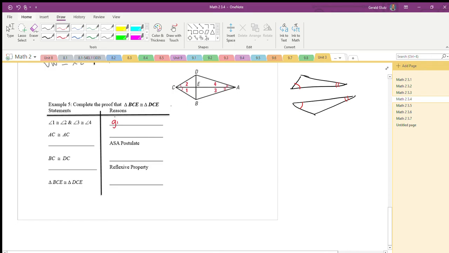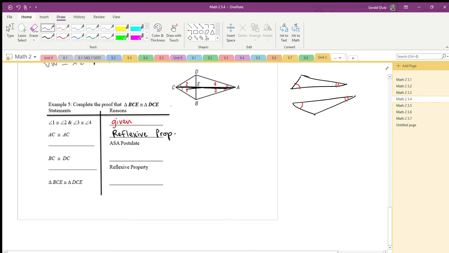So that is just a given. So remember, proof's pretty much always the first reason is going to be given. Next thing they say is AC is congruent to AC. So AC is being shared by both of these triangles, so it has to be the same length for each triangle. So that's the reflexive property. Anything congruent or equal to itself is a reflexive property.